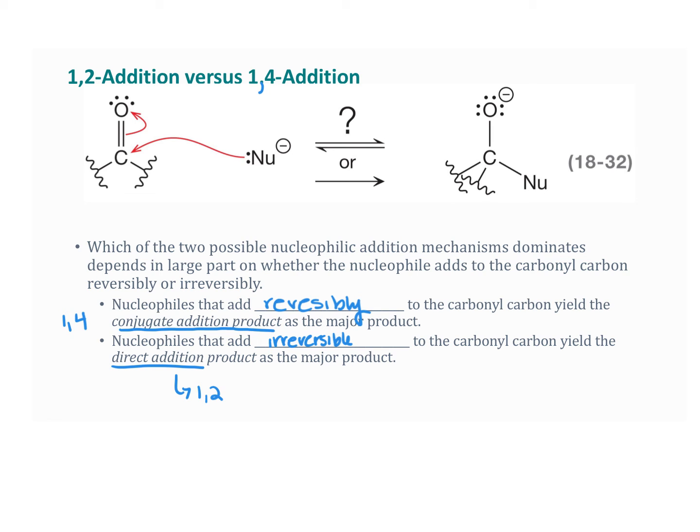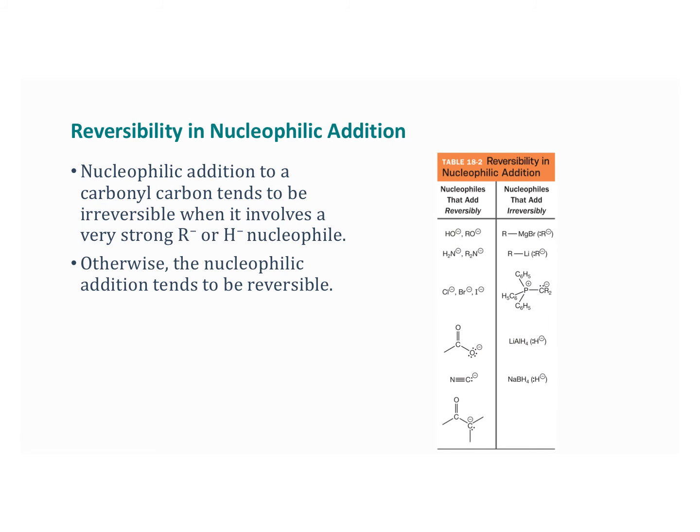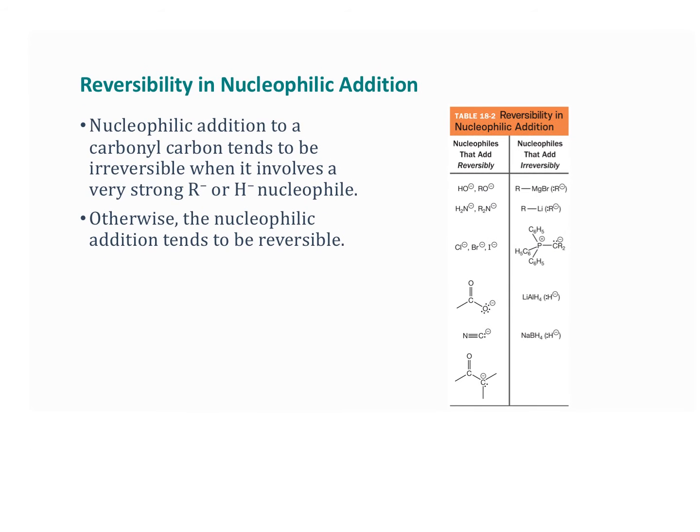So now we have to decide if our nucleophiles add reversibly or irreversibly. And so we have a really nice table here. And basically, it depends on the charge stability that each side of the reactants exhibits, right? So nucleophilic addition tends to be irreversible if the negative charge that develops in the adduct is substantially better stabilized than it is in the nucleophile, okay?